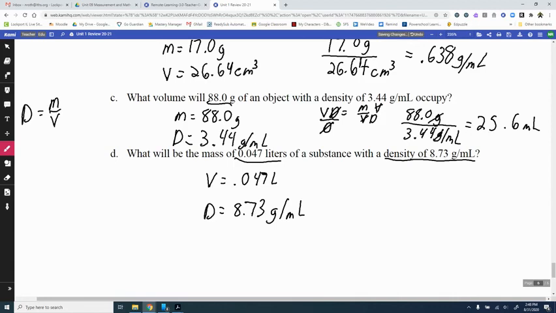Now, this is a problem, right? We have grams per milliliter, and here we have liters. That's bad. So first thing we have to do is convert our liters into milliliters.